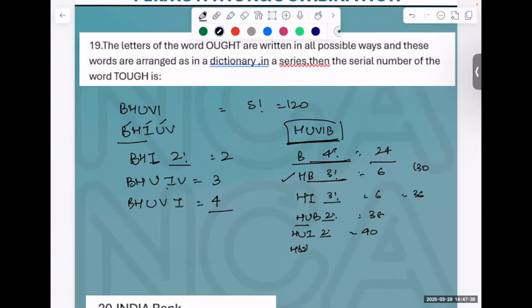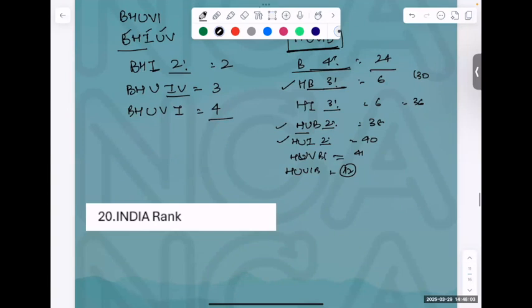Yeah, no, IV is just one. HUB and HUI is 2 factorial. HUI is done, HUB done, then we have HUVI and then we have HUVIB, that is 41. HUVIB would be 42nd. That would be the case.